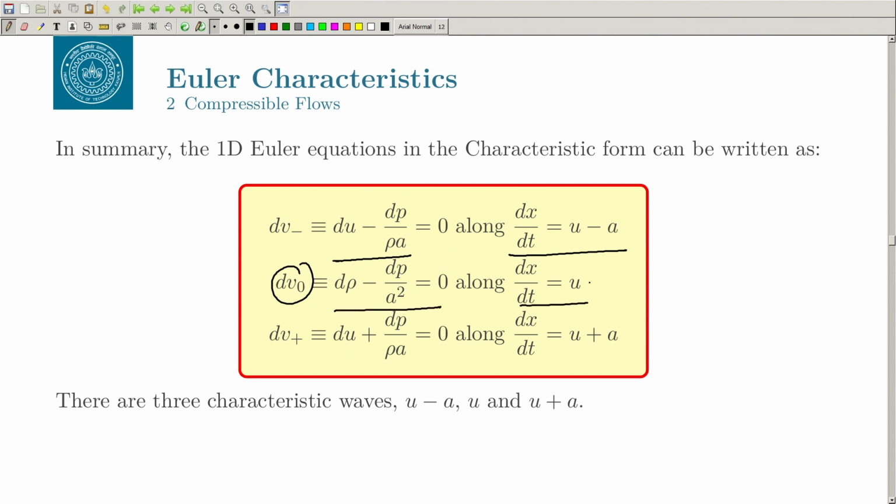So, these are the wave speeds, and this is the variable which is traveling at that wave speed. So, there are 3 characteristic waves corresponding to u minus a, u and u plus a. Now we have these characteristic equations. We will look at the implication of these characteristic equations in the next class. Thank you very much.